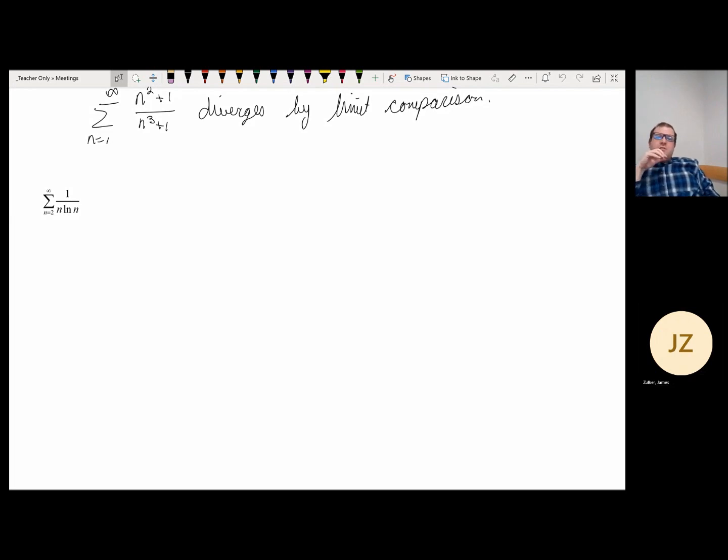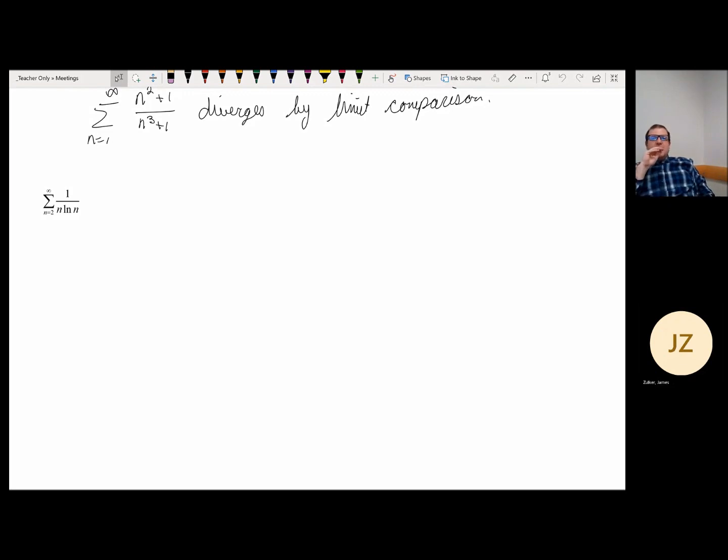How would you go about showing it converges? Okay, so let's take the integral.